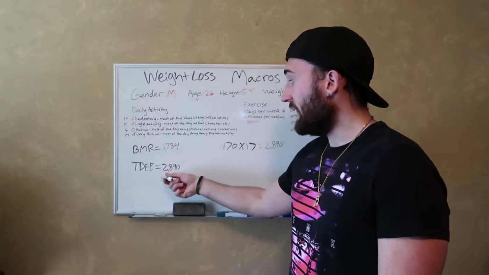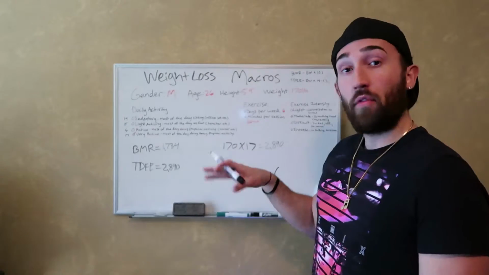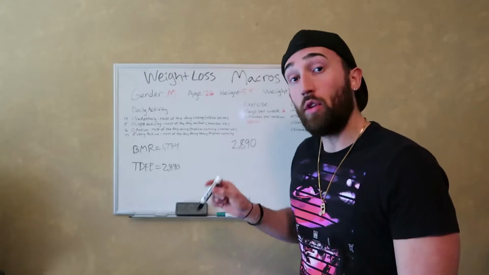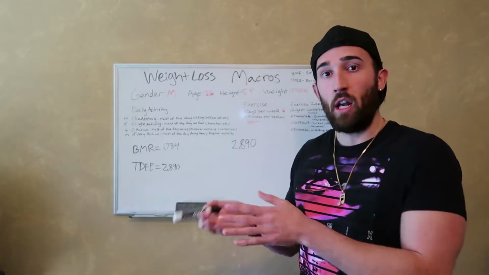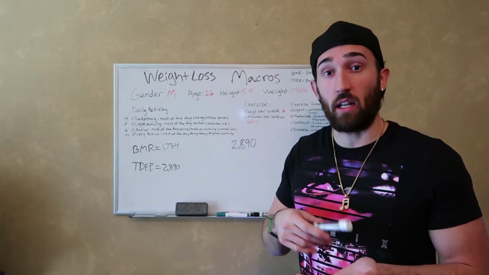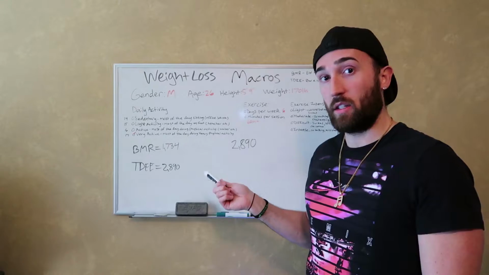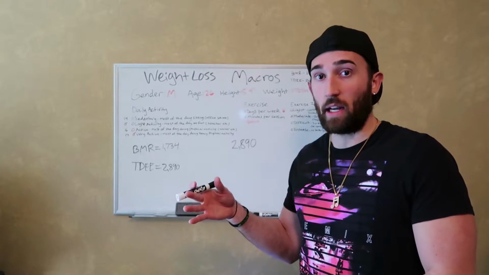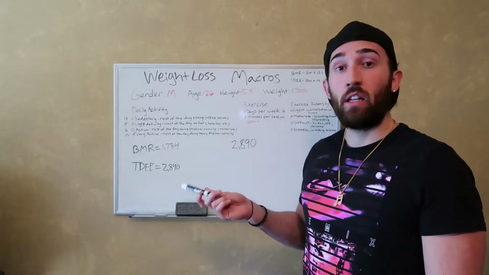properly. Your TDEE is what you want to focus on because that's your starting point to figure out your macros. Since we're doing weight loss, it's the same for bulking, just on a deficit instead of a surplus. So you want to subtract your maintenance calories by 200 to 500 calories depending on how active you are. If you're really active, you don't need to subtract that much.